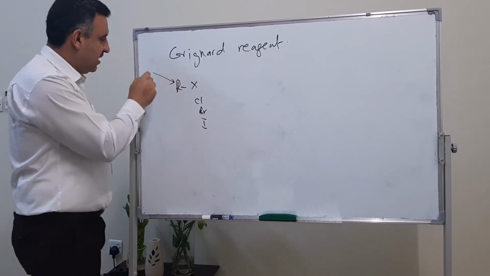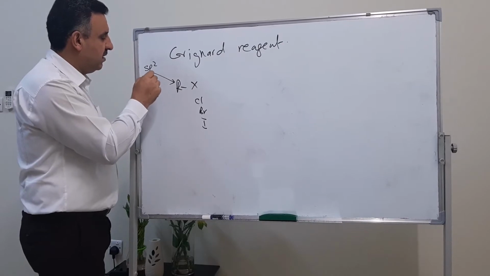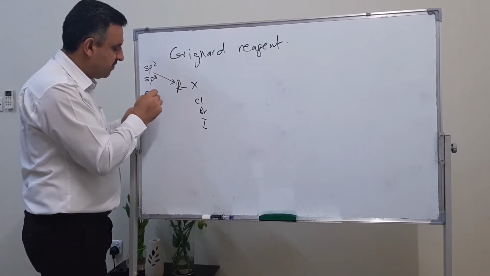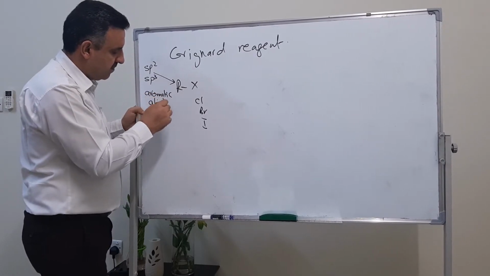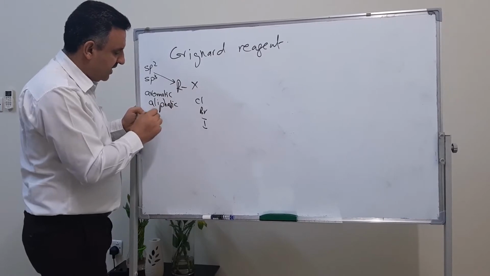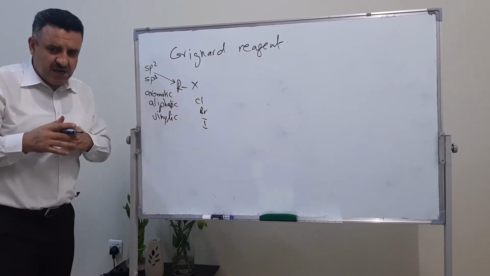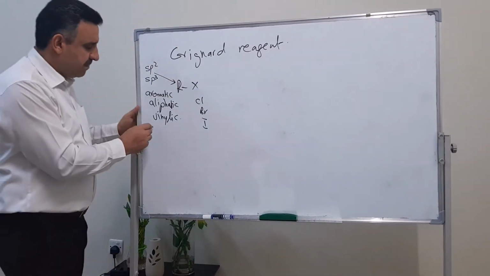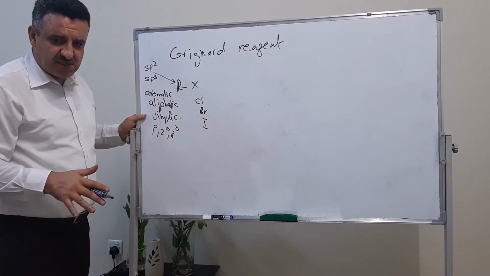It can be sp2, can be sp3, can be vinyl, can be aromatic, can be aliphatic, can be vinylic, can be any R group. In general, any alkyl halide can be primary, secondary, or tertiary. There's no limitation for this reaction.